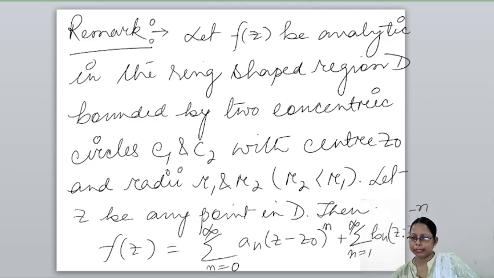Here these are the negative powers of z minus z0 and these are positive powers of z minus z0. This part is known as the analytic part of Laurent's theorem, and this part is known as the principal part.